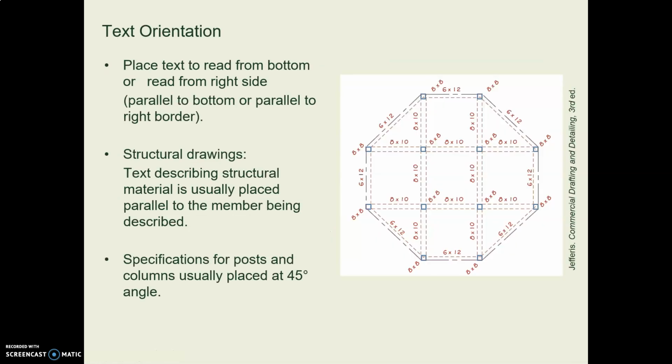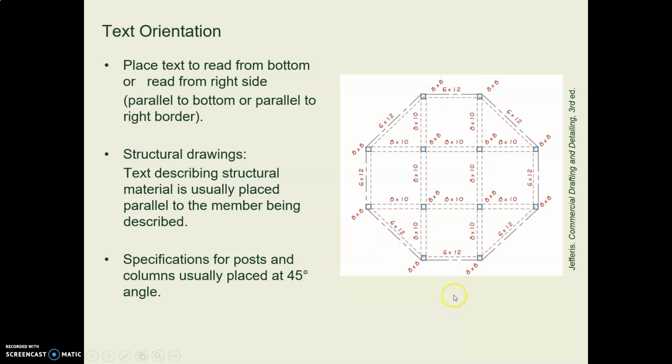In architectural drawings, you hear people say, the text reads from the bottom or from the right. And the first time I heard that, I thought, what are you talking about? But here's what they're talking about. They mean when you're trying to figure out what direction to rotate the text, if you have text going all over the place, try to keep it horizontal so that it's right side up.